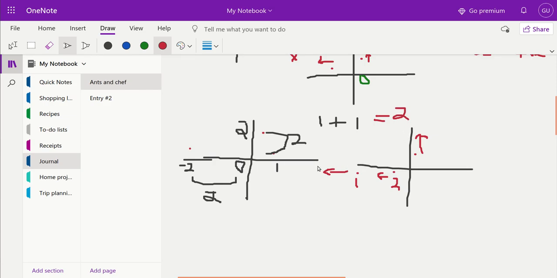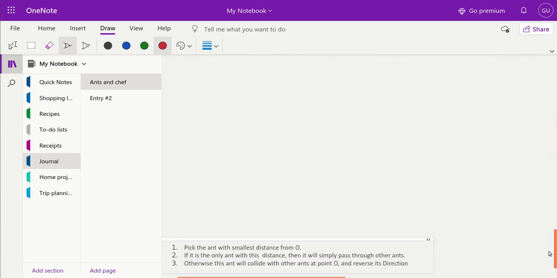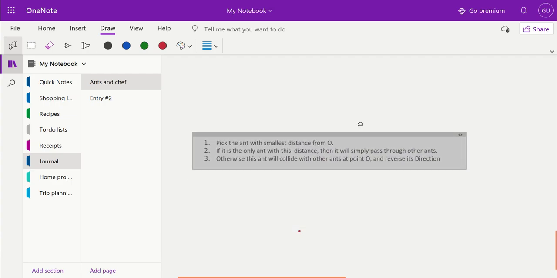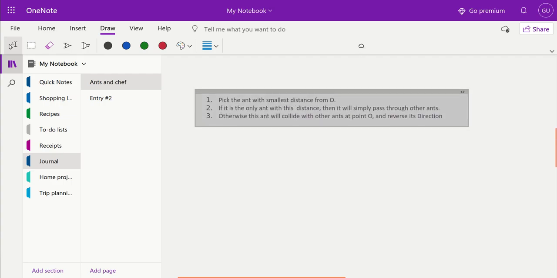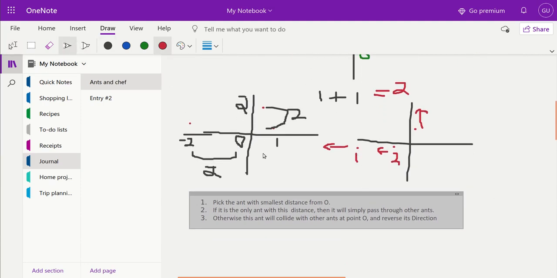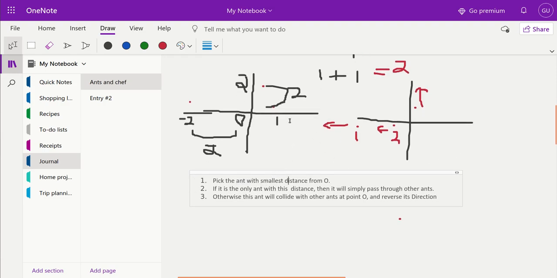So now the algorithm that we have got is this. Pick the ant with the smallest distance from point O, in increasing order.